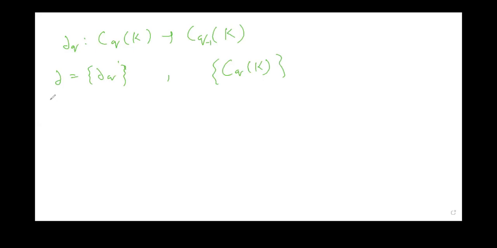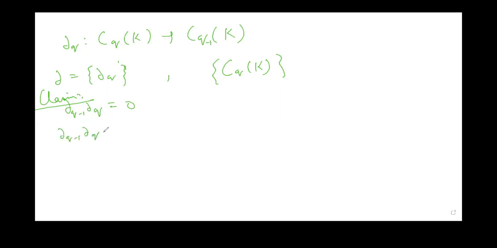So for that, basically we want to show that the C_q K with these boundary maps are chain complexes. So what we have to show is the following claim. So let us prove it.